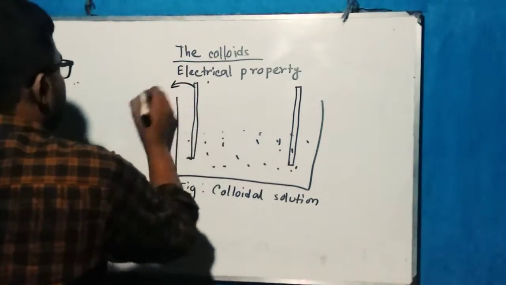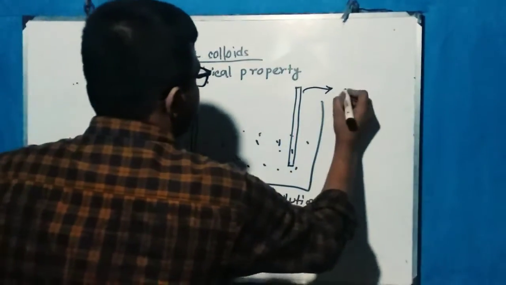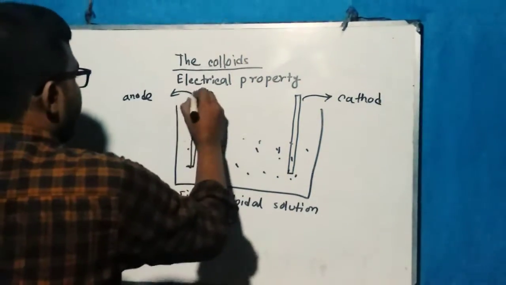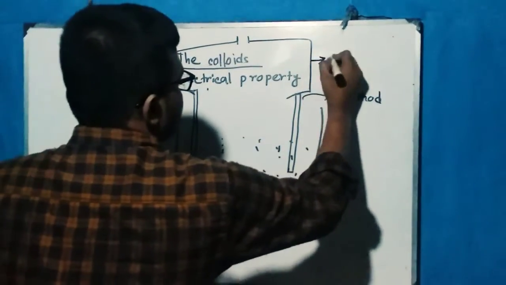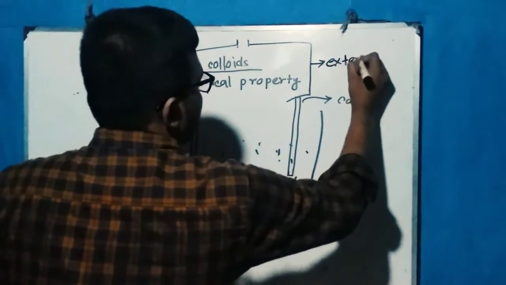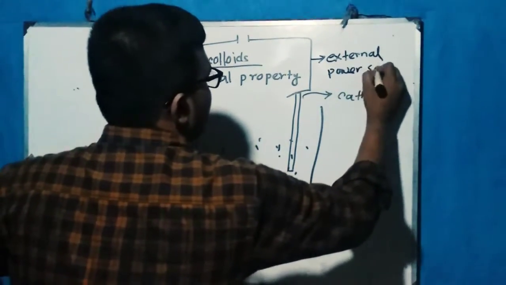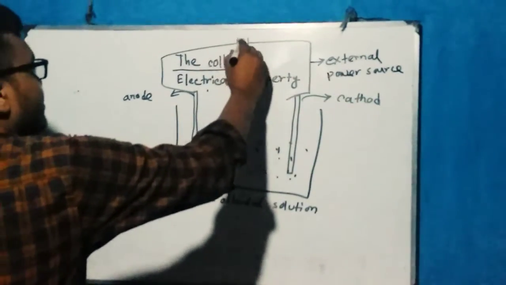Suppose this one is anode and this one is cathode, and we have given some external power source, suppose a battery.